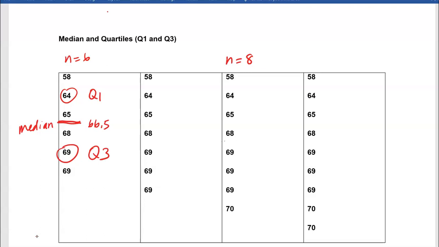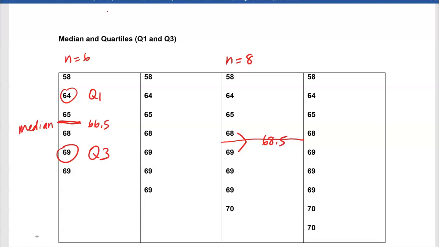So when we look at this data set, which has 8 values, here's the middle, and our median again is the midpoint of the 2 middle values, again because there's an even number of them. And so our median is, in this case, 68.5.